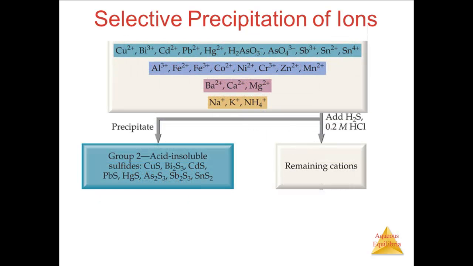The second reactant is sulfide. This one is added in an acidic solution. The reason for this acid-base division is that sulfide is the conjugate base of a weak acid, HS-. In an acidic solution, the concentration of the sulfide is reduced significantly because of the formation of the weak acid HS-.